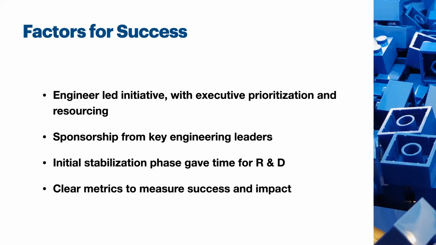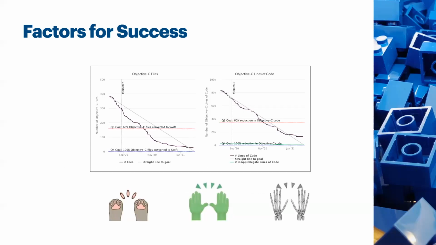What progress have we made? Where are we? We had a lot of dashboards and graphs, and this is an example of, for each of the goals that we had, a dashboard saying where we are in terms of progress on this measure. And that allowed us to see if we were falling behind or doing fine. We could switch resources between different work streams if we needed to, if one of them wasn't doing as well.